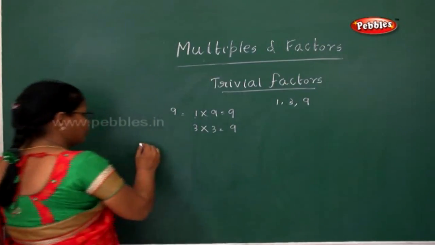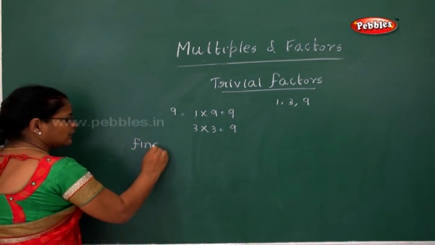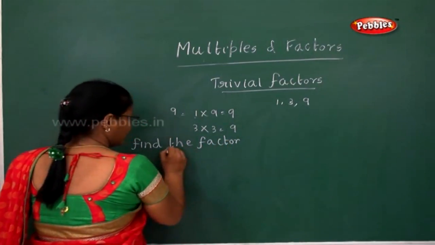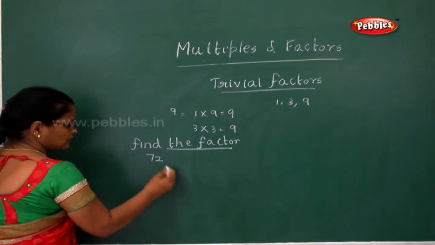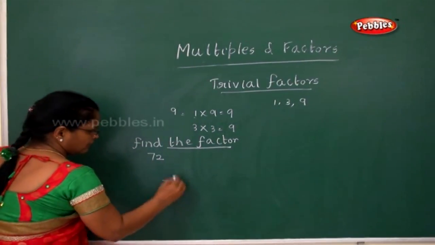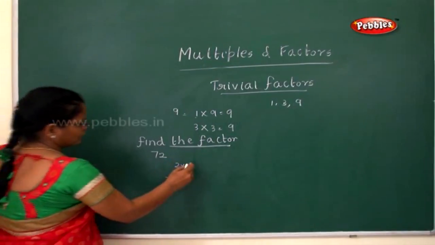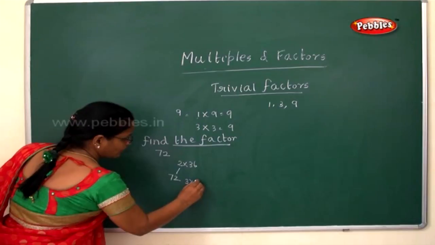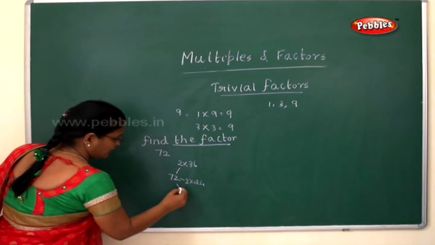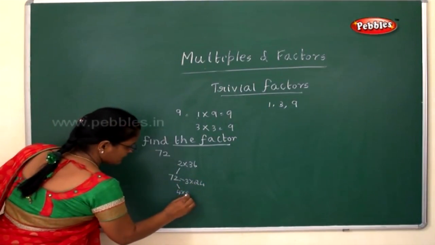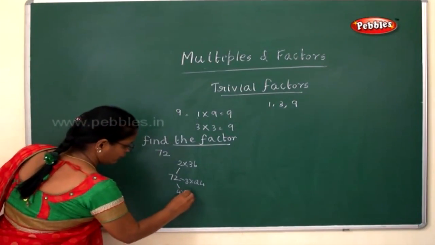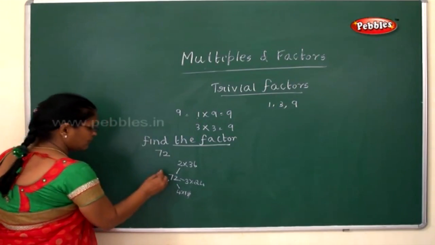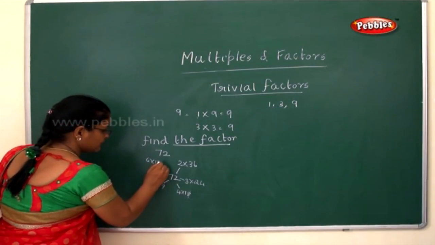See the next one, we will go on to find the factors of 72. 2 36s are 72, 3 into 24, then 4 18s are 72, 8 9s are 72, 6 12s are 72.